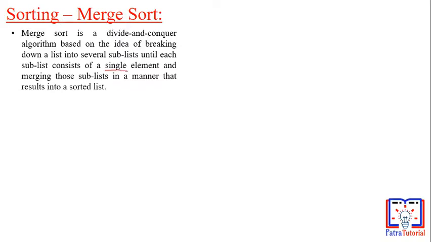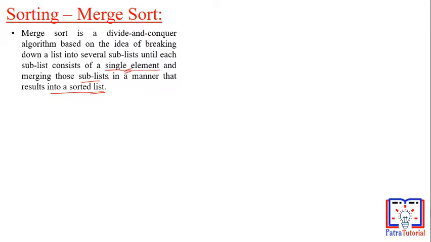We have to break down the original list into sublists, each having only a single element, and then merge those sublists into a single sorted list. This is the basic idea of merge sort. So one large list will be given to us, and we keep dividing that list into sublists until each sublist has only a single element.